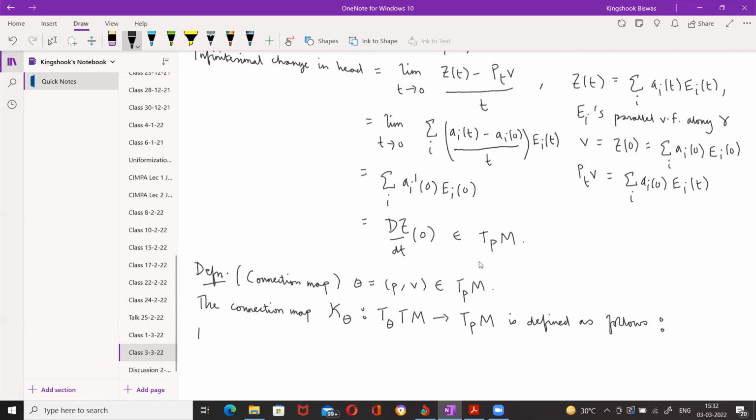So let xi be an element of T_theta Tn. Okay.